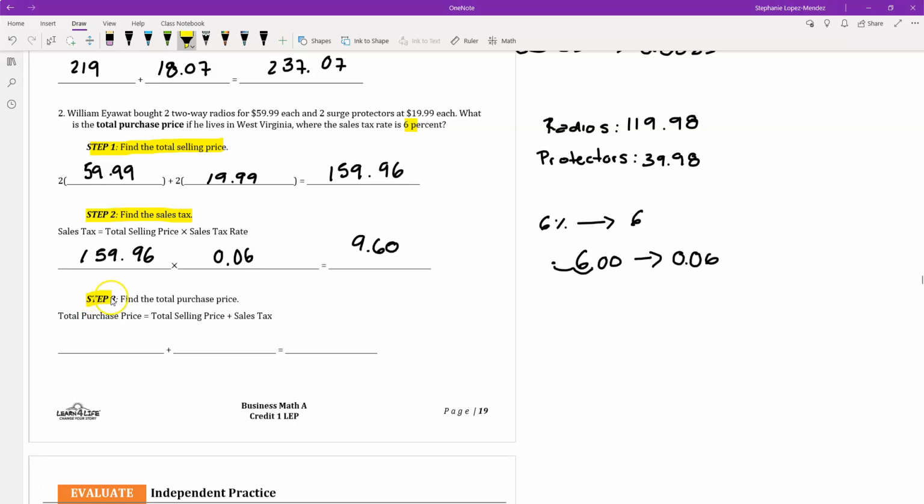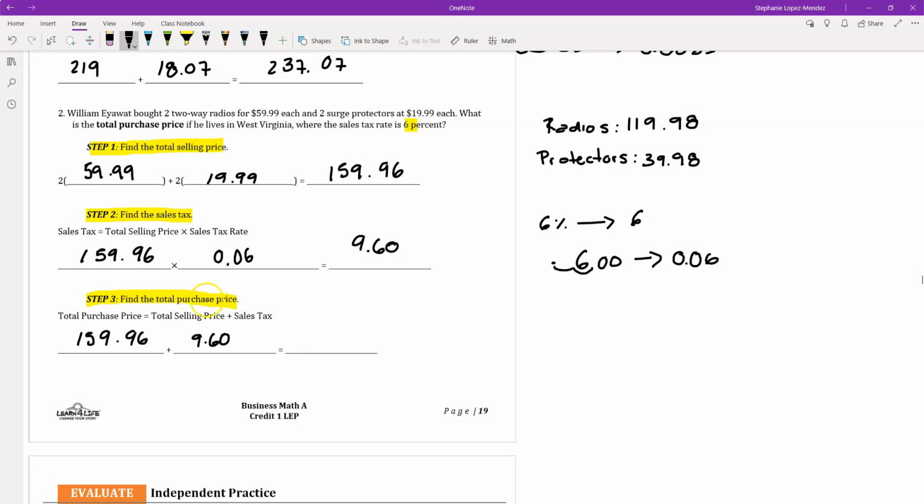And now if I go to step number 3, we have to find the total purchase price. Right, so the total purchase price formula is equal to total selling price plus sales tax. So my total selling price is, again, what I found on my first step, 159.96, plus my sales tax, which was the number I found on step number 2.